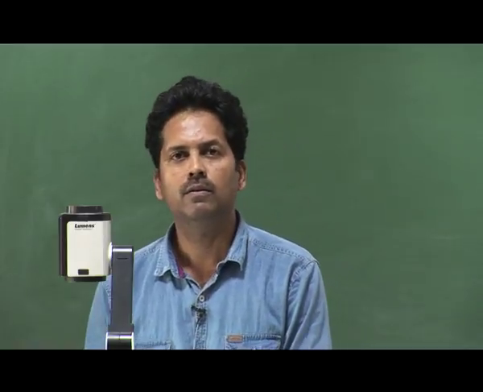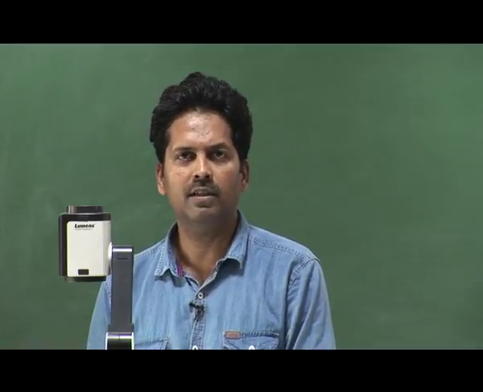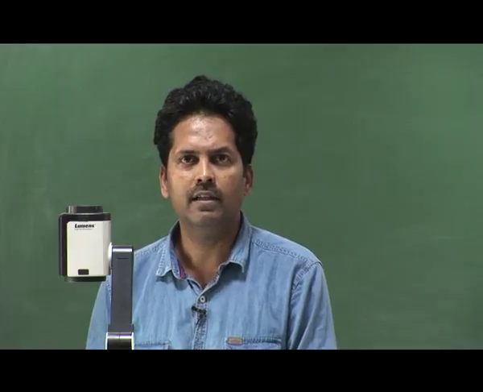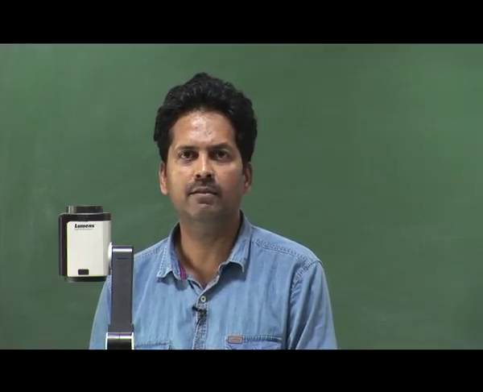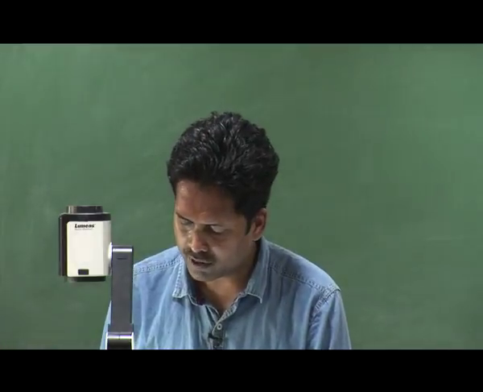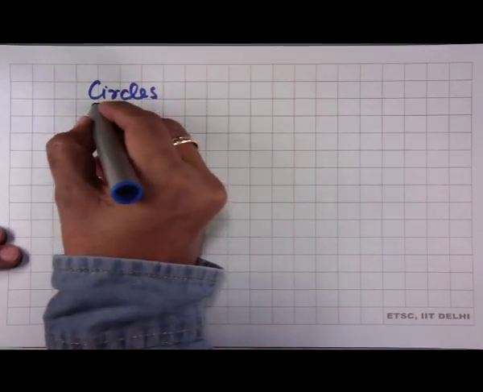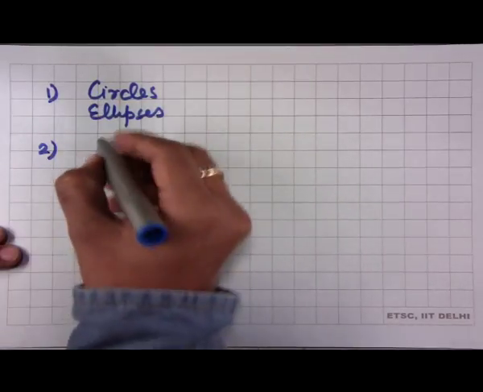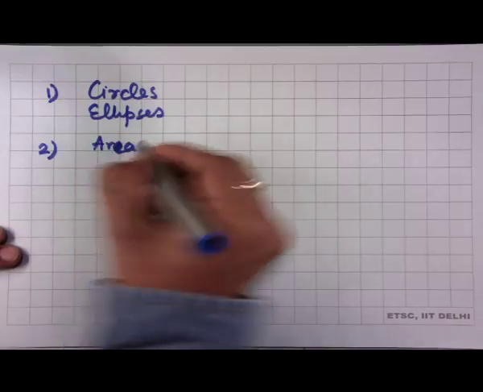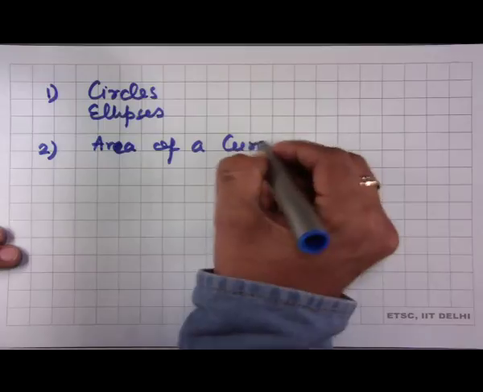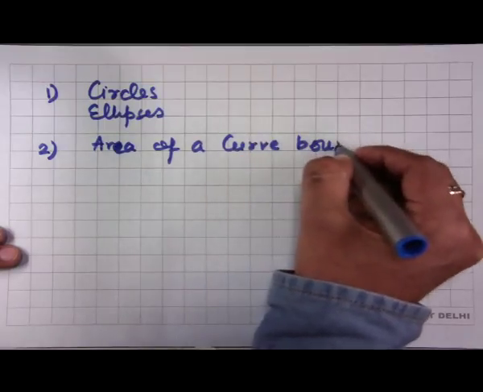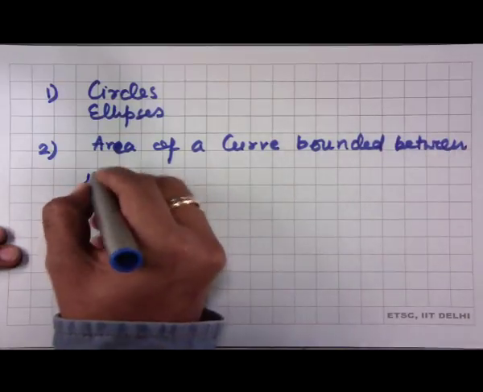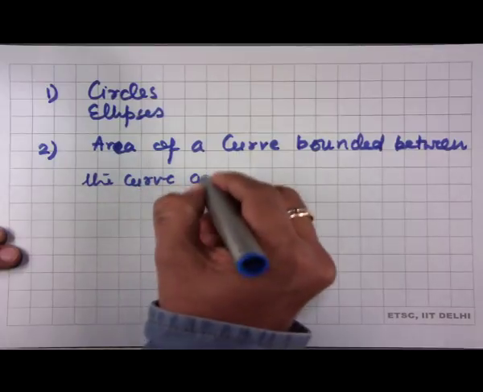Then there are a lot of applications of definite integrals, and as an application we have started computing area of certain shapes. We started with very simple shapes, like we have computed area of circles, ellipses, and we have also computed area of a curve bounded between the curve and a given line.